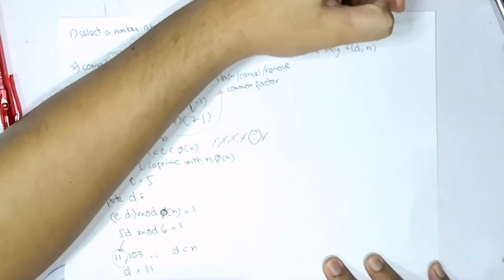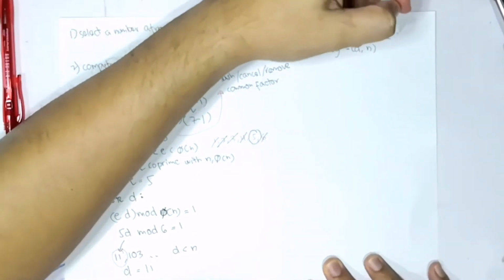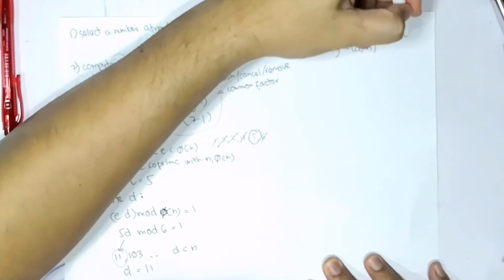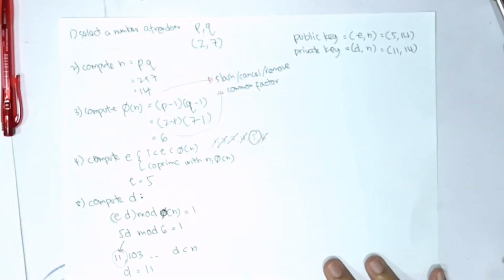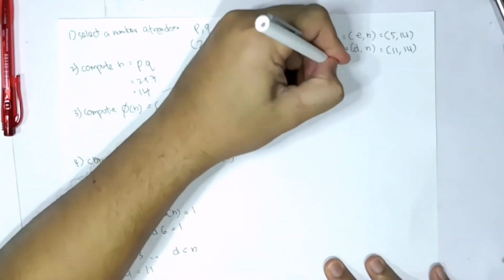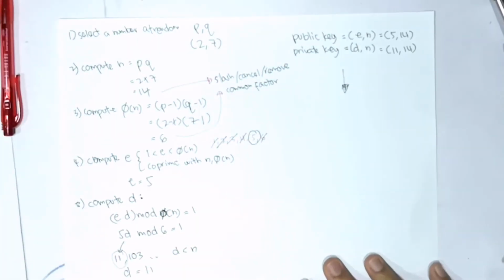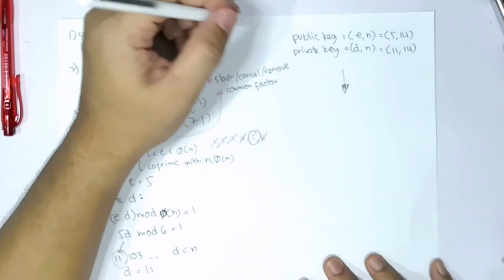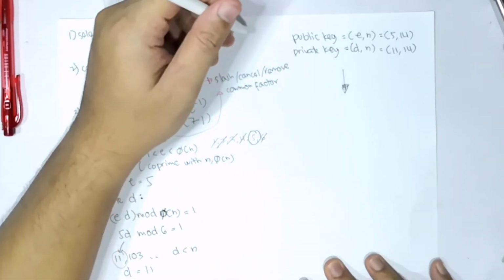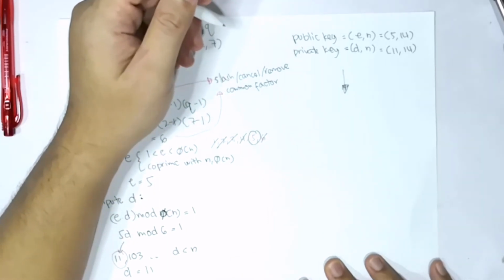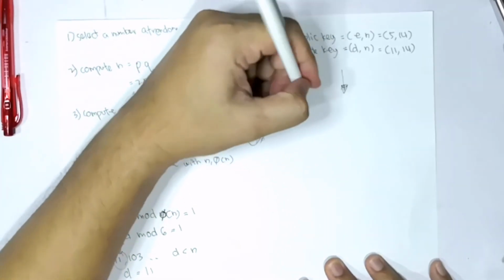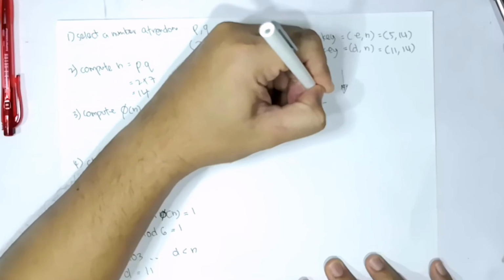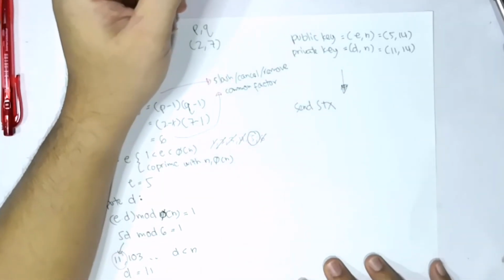So from here, we know that the public key is (5, 14), and the private key is (11, 14). So we try to send a message to a friend using the public key and private key. We try to encrypt. We refer to the ASCII table. We want to send STX, start of text.